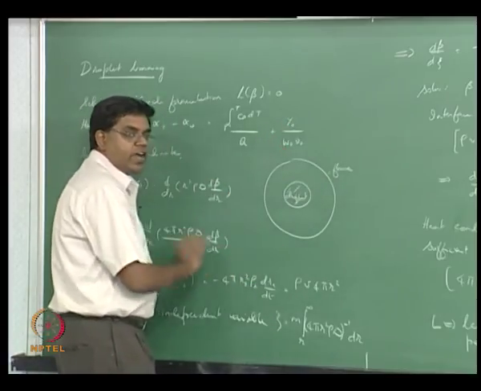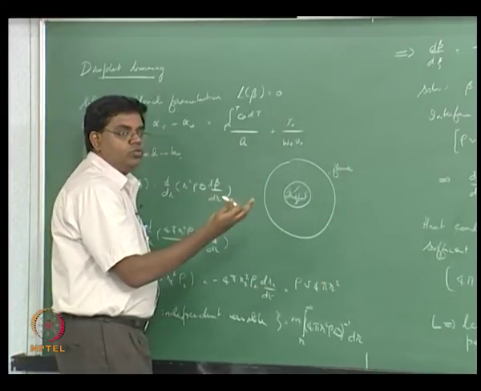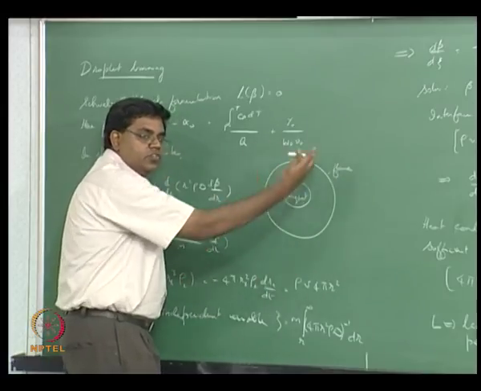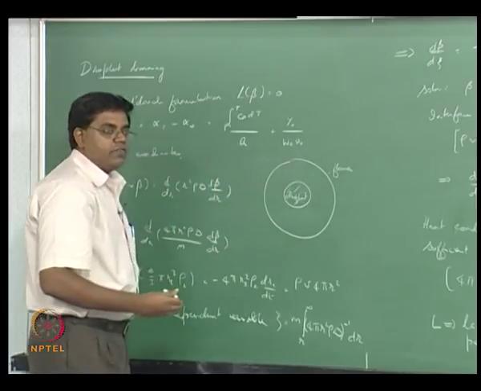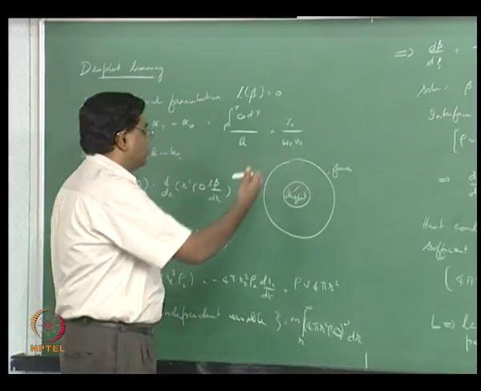So for example, if you have air as your ambience, your YO infinity will be like 0.23, because only about 23% by mass is going to be oxygen, the rest is going to be nitrogen. So you have a diluent present in your oxidizing ambience, which can be taken into account.